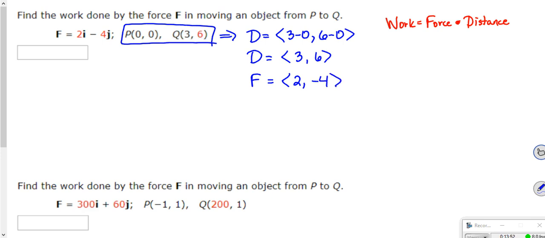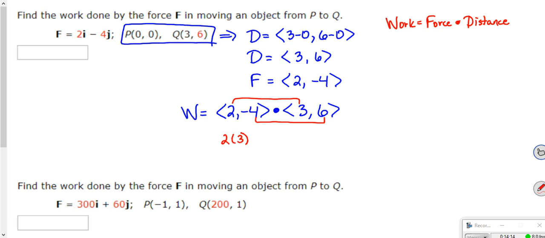Then my work, again, is the dot product of 2, negative 4 and 3, 6. Again, product of your first position plus product of the second position. So 2 times 3 plus negative 4 times 6. So 6 plus negative 24 equals negative 18.